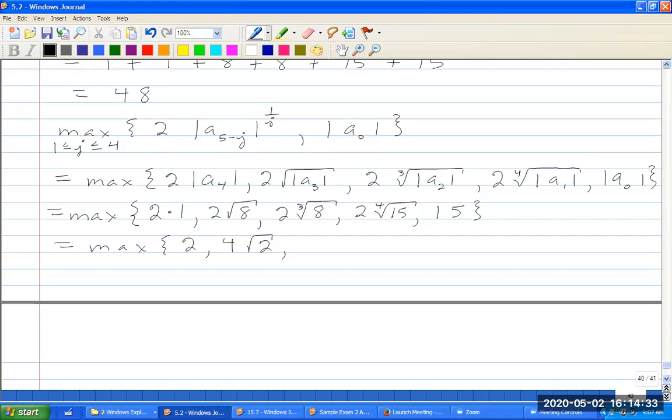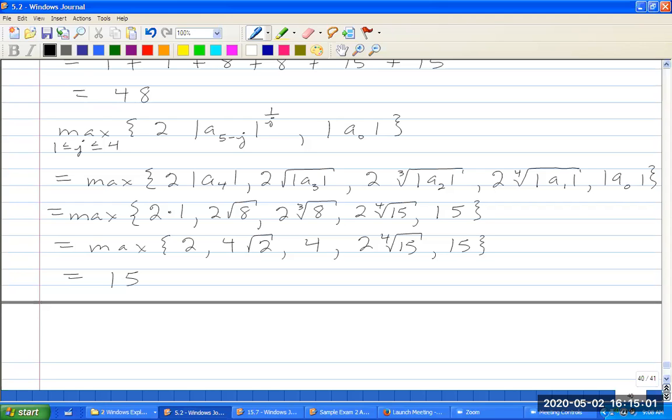Okay, the cube root of 8 is 2 times 2 is 4. And the fourth root of 15 is something small. And 15 is something big. And so the maximum of all those numbers is 15.